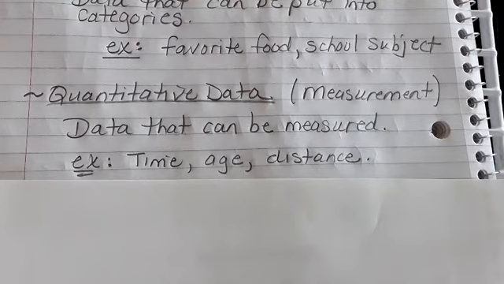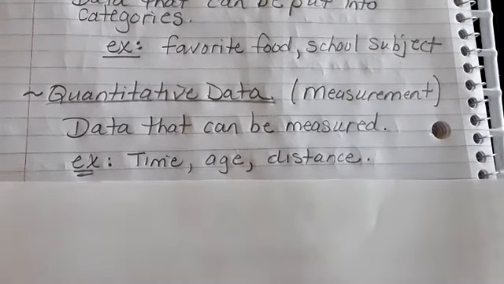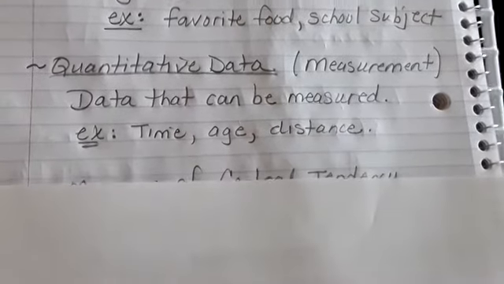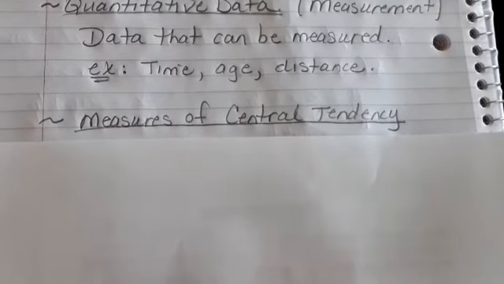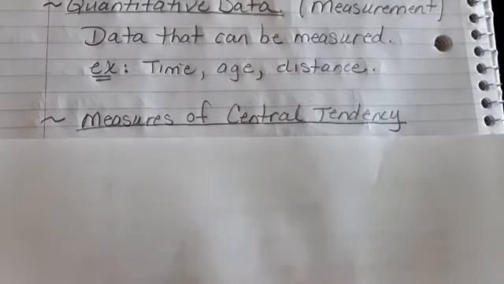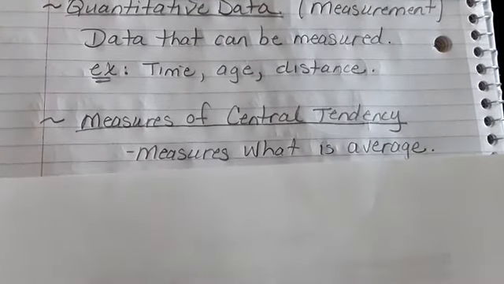Now let's move on, because this is about measures of central tendency. And measures of central tendency are basically your mean, your median, and mode. Those are all different kinds of averages. So measures of central tendency measure what is average.